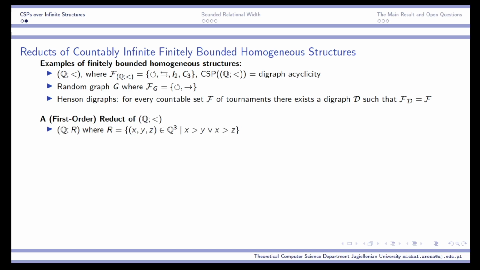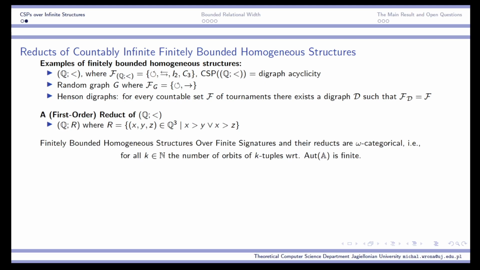And then we go to first-order reducts of finitely bounded homogeneous structures. So here we have a reduct of Q with the order, we have the relation R, and this is a ternary relation, so we have triples x, y, z, such that x is greater than y, or x is greater than z.